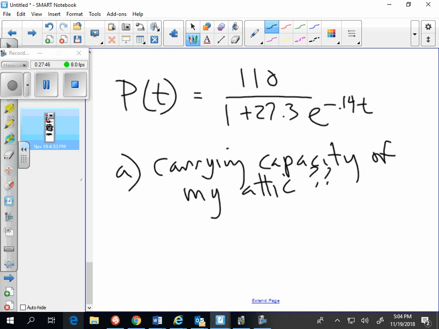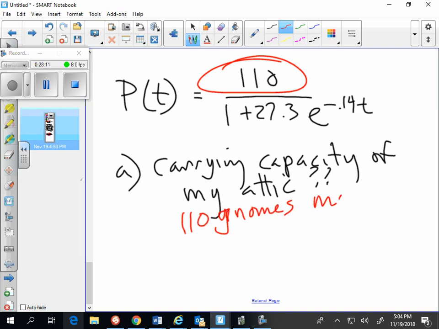Take a moment to think about and write down the answer to the question, how many gnomes can we fit in the attic? 5, 4, 3, 2, 1. There we go. That's the number. We can fit 110 gnomes max in the attic.